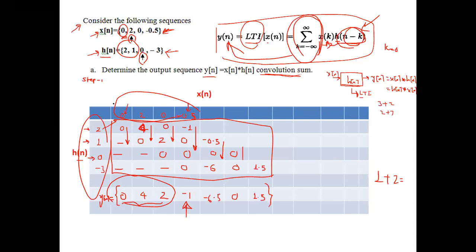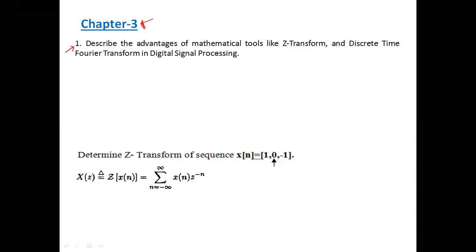What we have studied here is the time domain method. You can see output is a function of what? As a function of time. So convolution sum is time domain analysis. But in chapter 3, we use transform domain analysis, Z transform, DFT, FFT, very important mathematical tools.